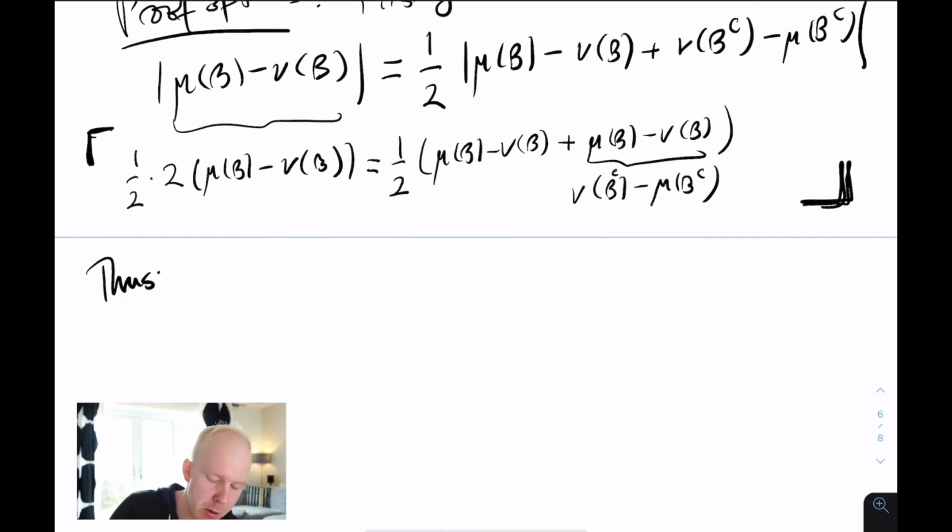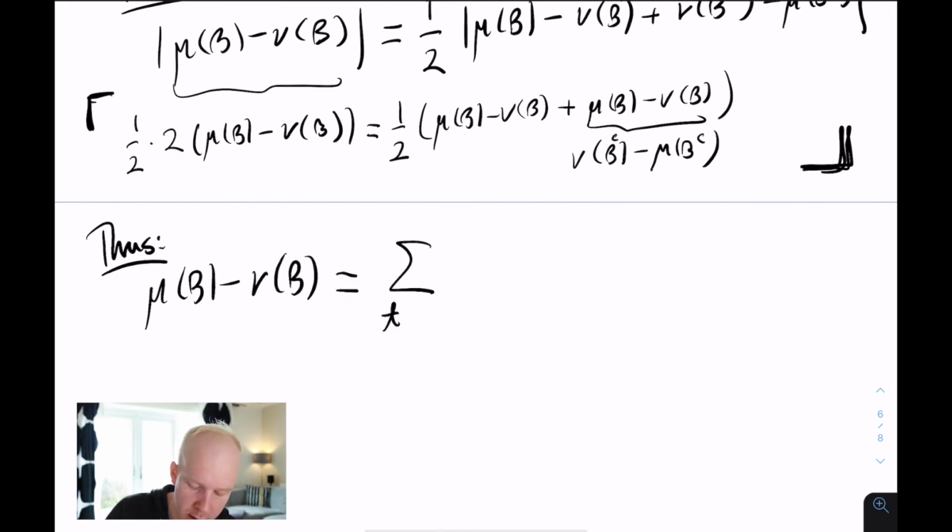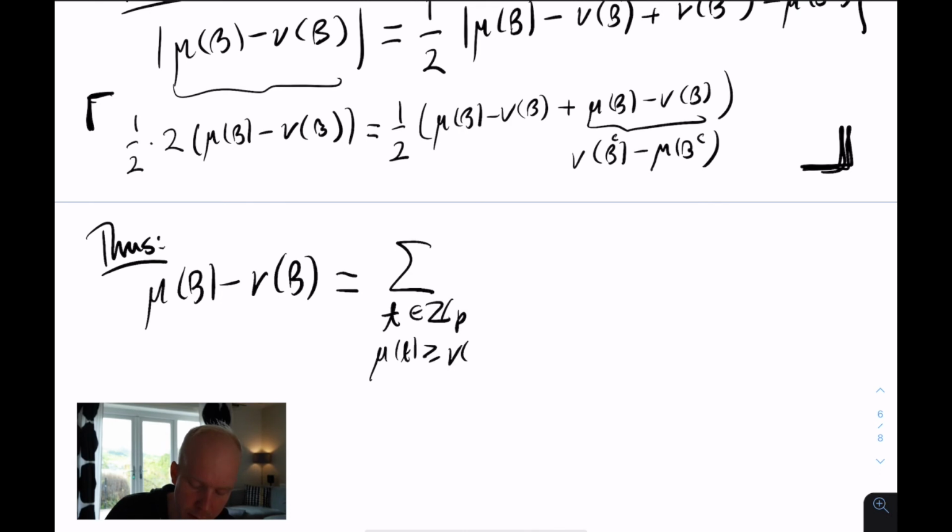Thus, if we compute this difference, you get that this is equal to, first of all, the sum over t in Z_p where μ(t) is at least ν(t), of μ(t) minus ν(t).